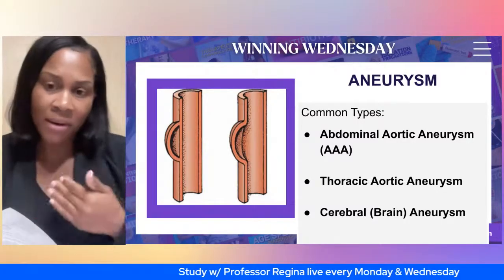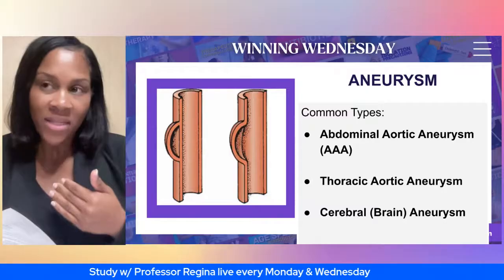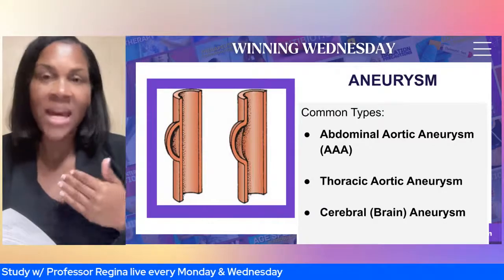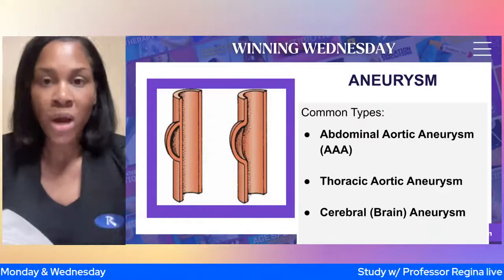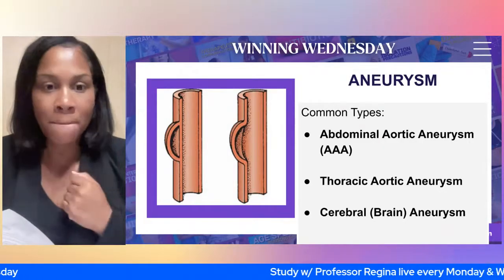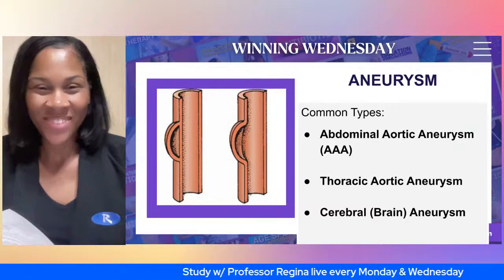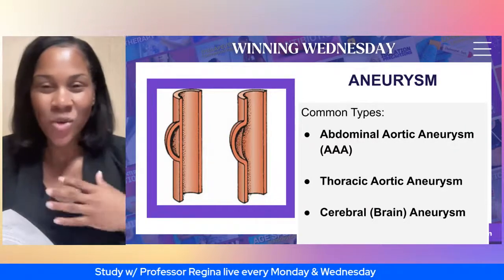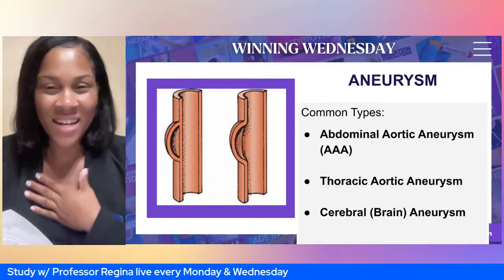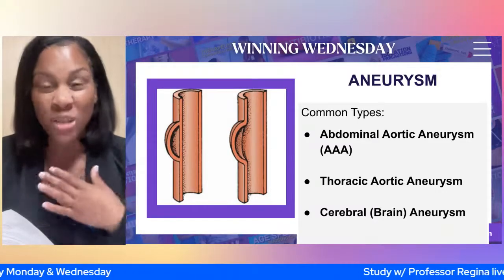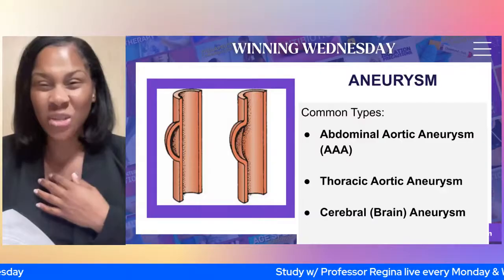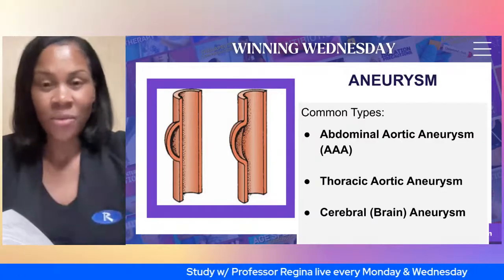When an aneurysm or an artery ruptures, it bleeds a lot. So imagine that blood in the thoracic cavity. Well, that's going to contribute to a patient having respiratory problems. They're going to have chest pain. They're going to have shortness of breath, right?